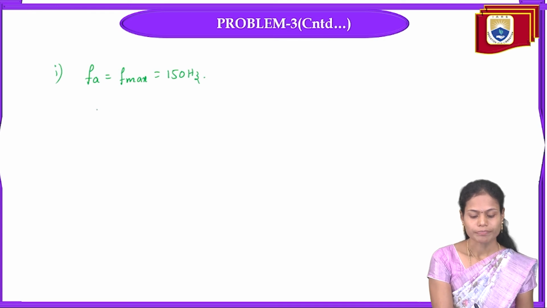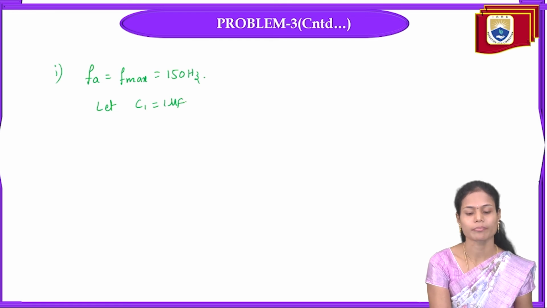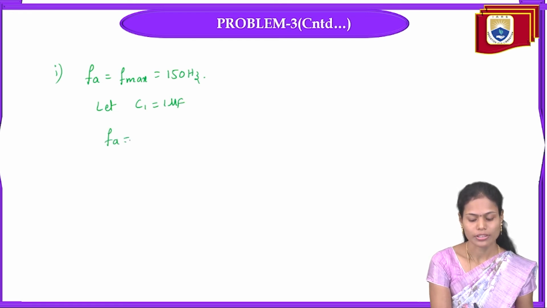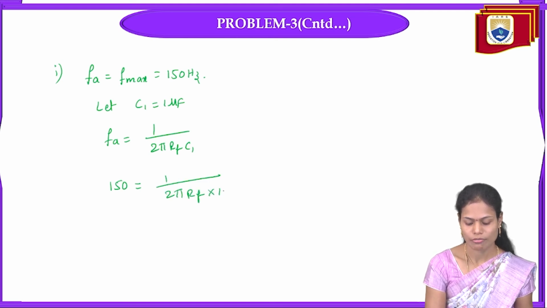Okay, and I am considering the C1 value as 1 microfarad here, and the formula for FA is 1 by 2 pi RF C1. So the value of FA is 150 Hz, C1 value is 1 microfarad.